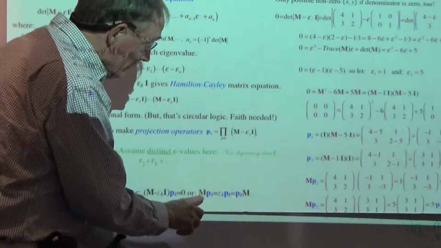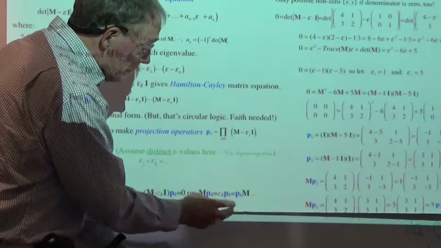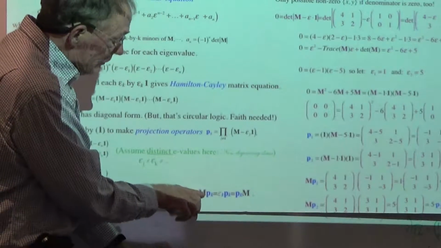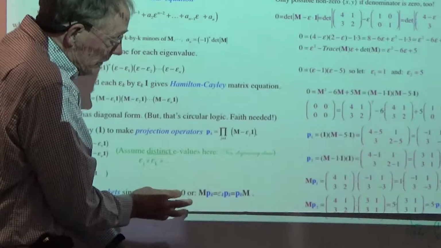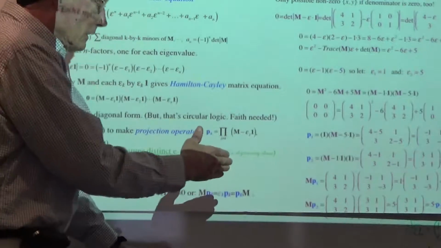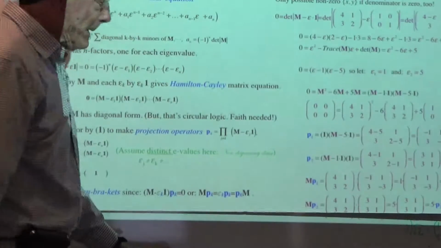So this is telling me that M times the P gives me the P multiplied by the eigenvalues, but what that means is that I'm going to be working on the columns of this matrix when I operate from the left-hand side. So the left-hand eigenvectors are going to be the columns of the pk.